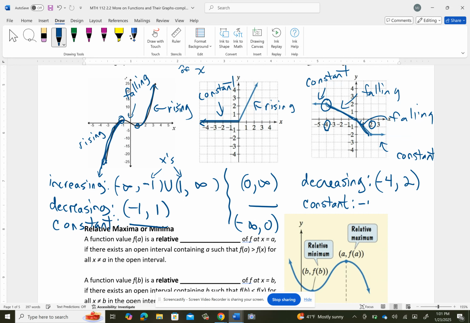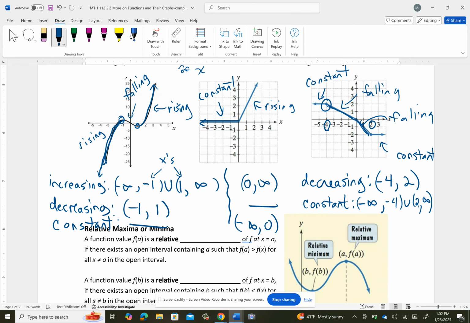I have from -infinity until I hit -4, and then again when I get to 2 and go towards positive infinity. So identifying the intervals here is a lot like doing domain, right? Because you're reporting the x's for some portion of your graph. But it's just thinking about where the graph is rising, falling, or staying the same, constant, okay?